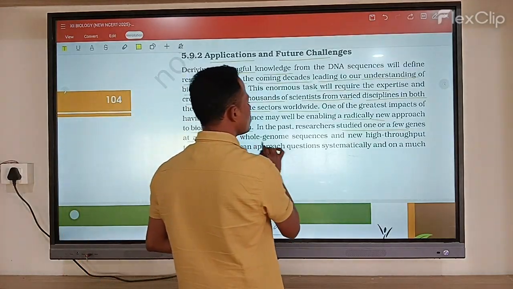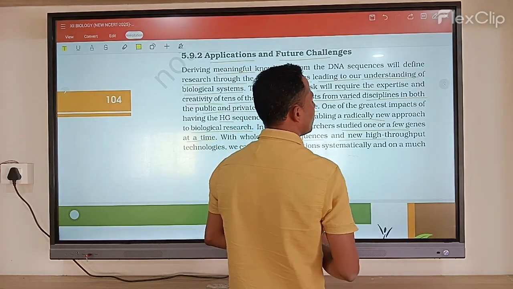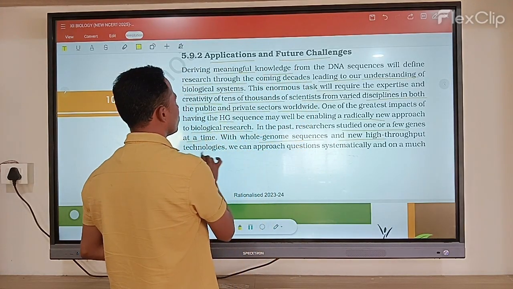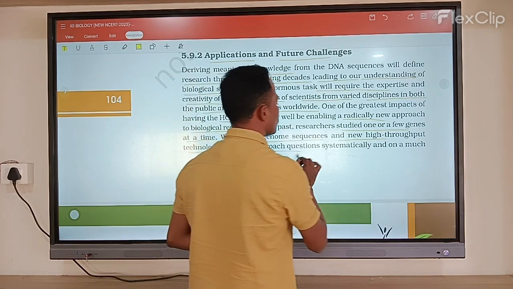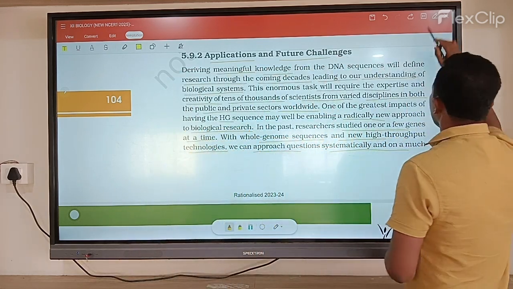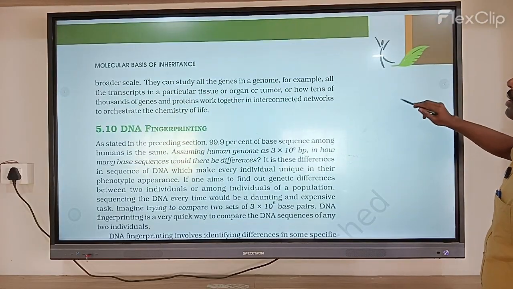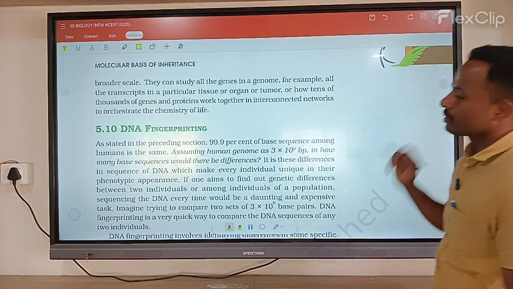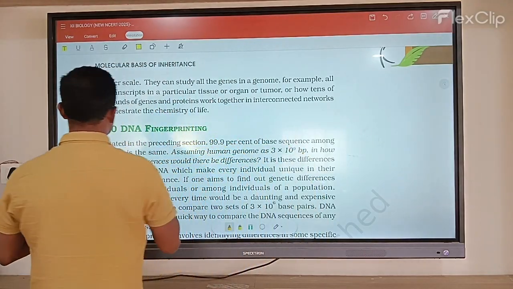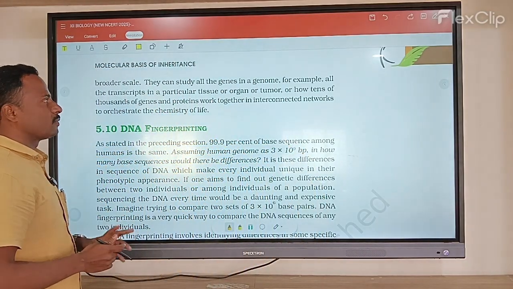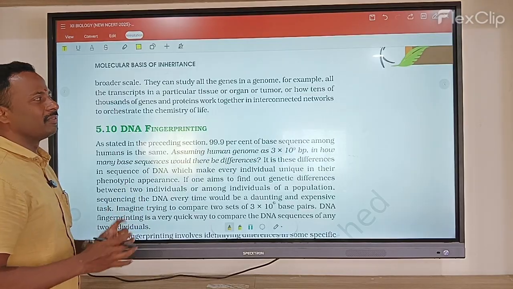With the whole genome sequence and new high-throughput technologies, questions can be approached systematically and on a much broader scale.